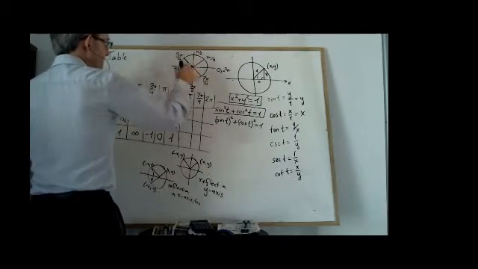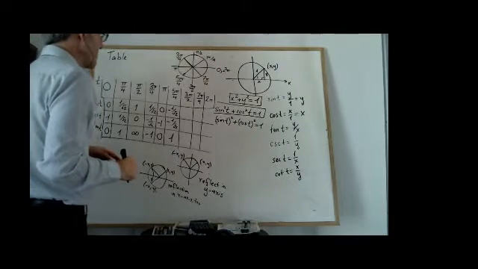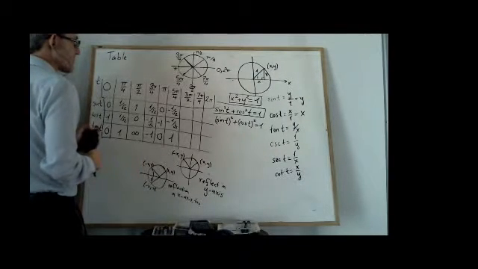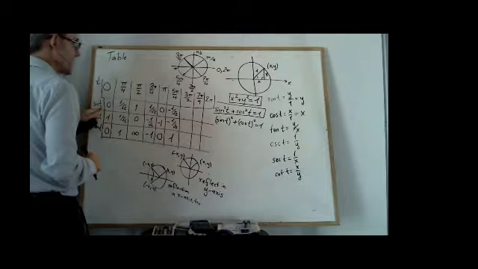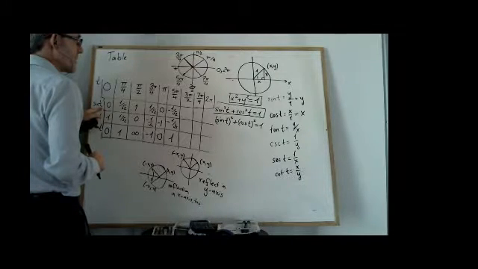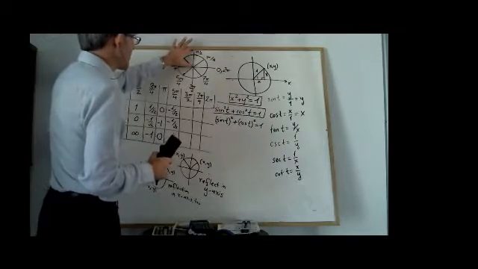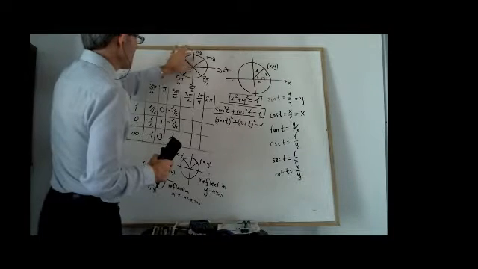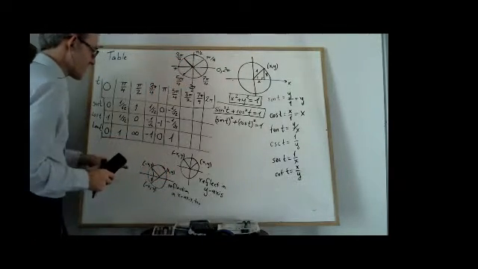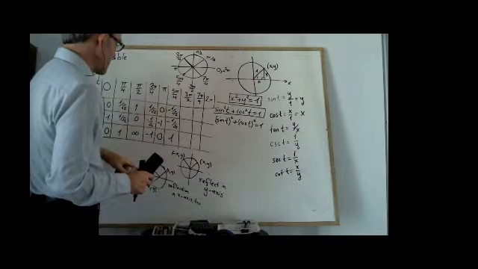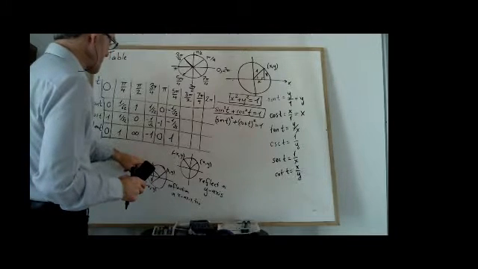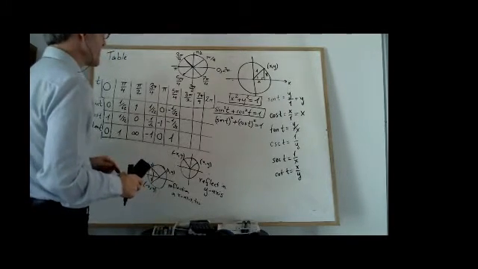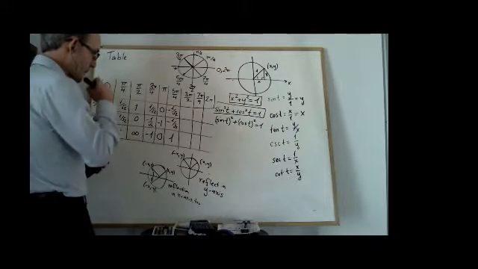And finally, I'm going down in this direction, 3 pi over 2. There, that's going to be a case of reflection about the x-axis. Here, this reflection only changes the sign of the y-coordinate and leaves the x-coordinate unchanged.